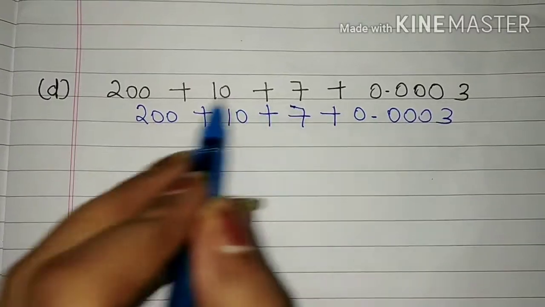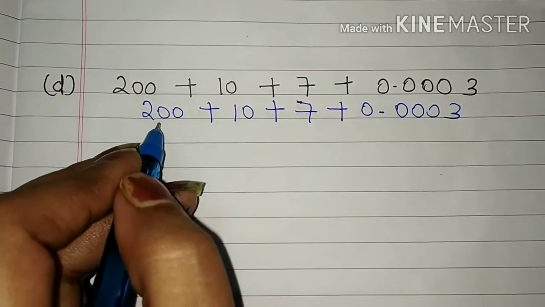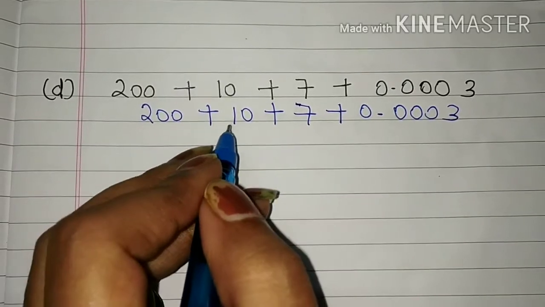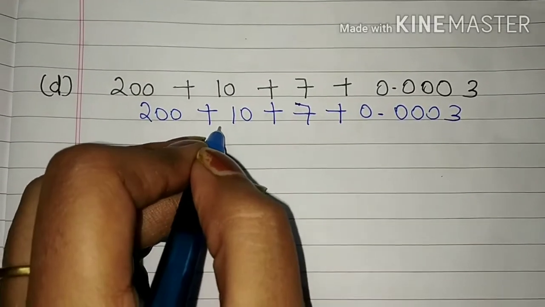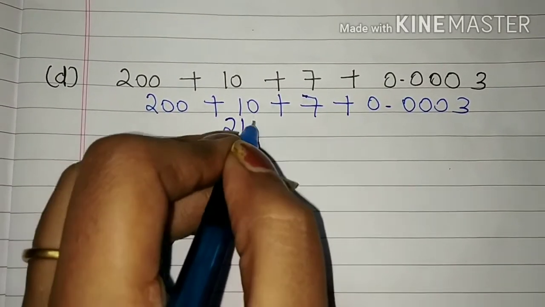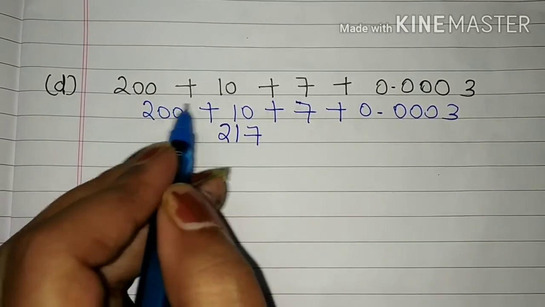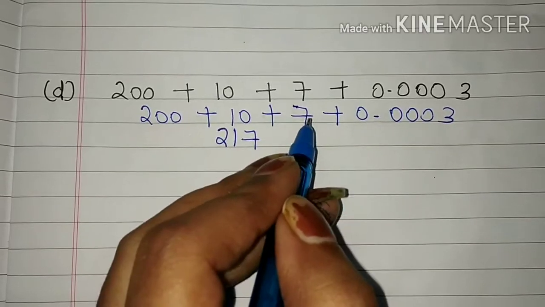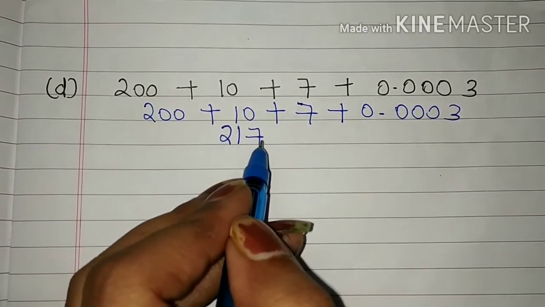Students, now we will add the numbers. 200 plus 10 plus 7 is equal to 217. So we will write here 217. 200 plus 10 is equal to 210 plus 7 is equal to 217.